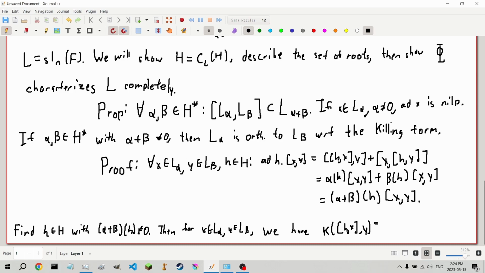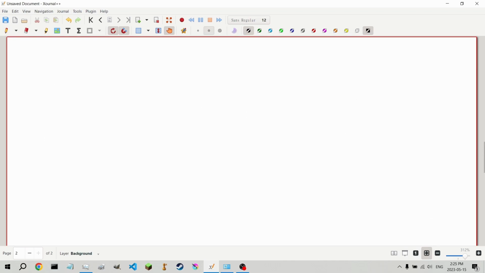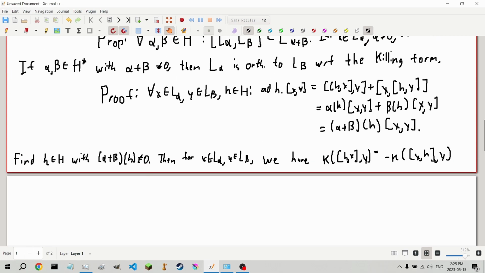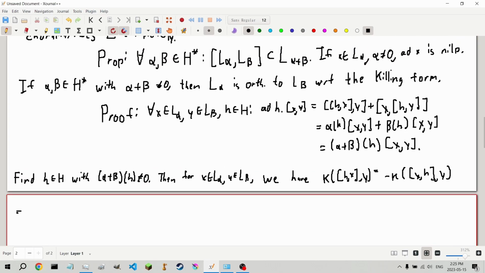is equal to the negative of the Killing form of x bracket with H on y. This is just by anti-symmetry and the fact that the Killing form is bilinear, and this is equal to, as we have seen, we can cross this bracket along the comma, giving us the Killing form of x with H and y, negative of course.